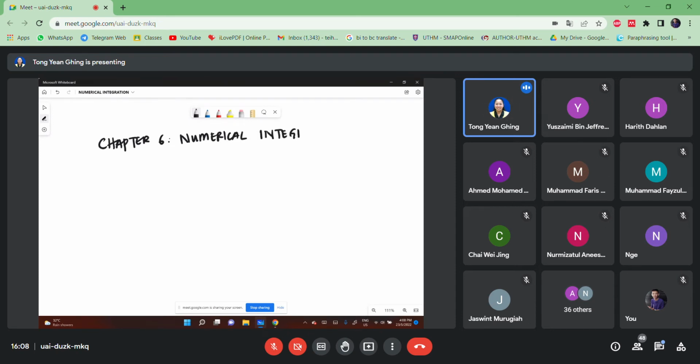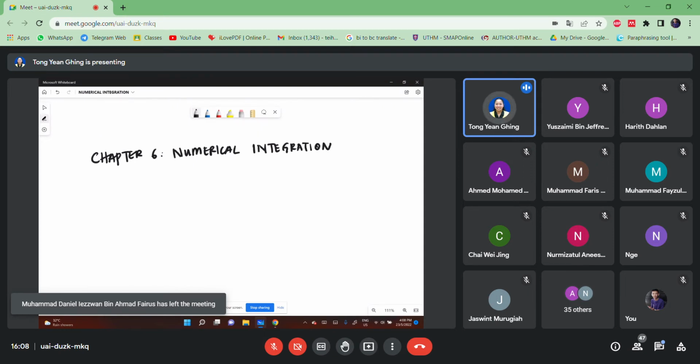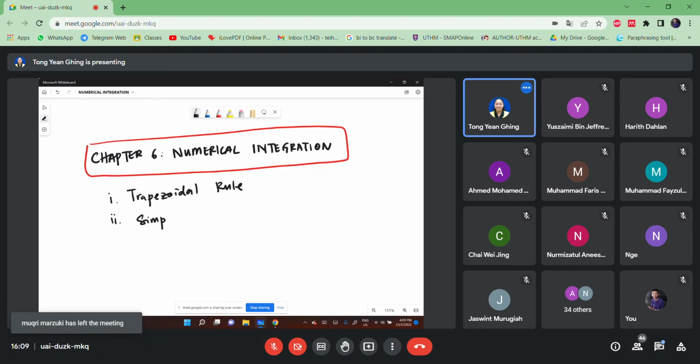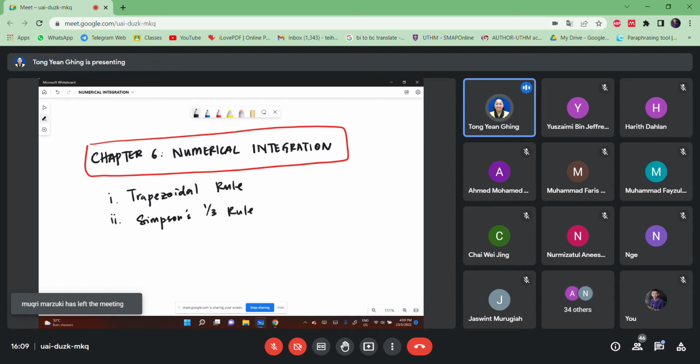numerical integration. So in this chapter, you will learn, basically, we have a few methods. The first one is trapezoidal rule. Second one is Simpson's one-third rule.